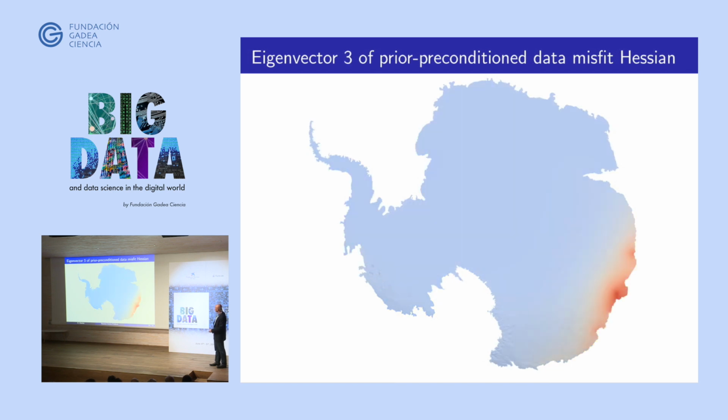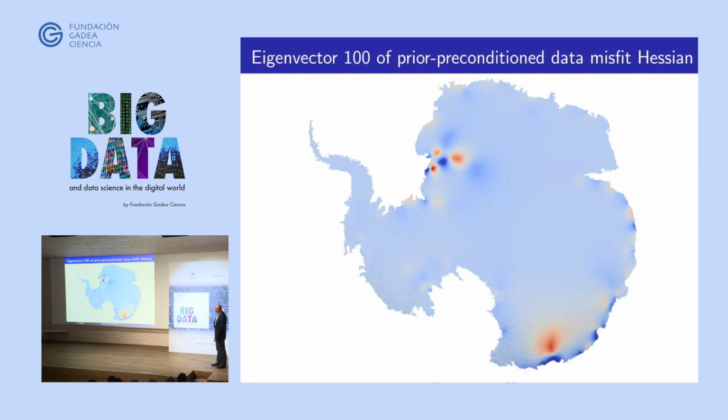There's the second one, the third one, it goes to East Antarctica. As you can see, these are very localized. They're not like mode shapes of a drum, maybe a drum that has variable thickness, you could say. And as you go to eigenvector 10, 100, you start to see smaller length scales.